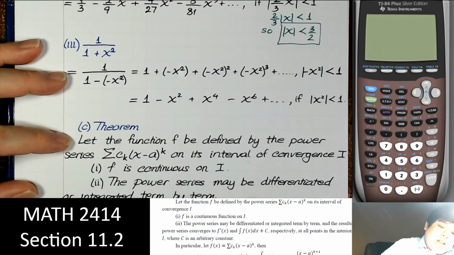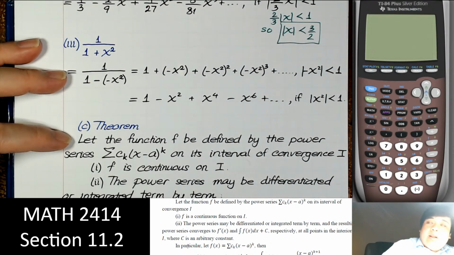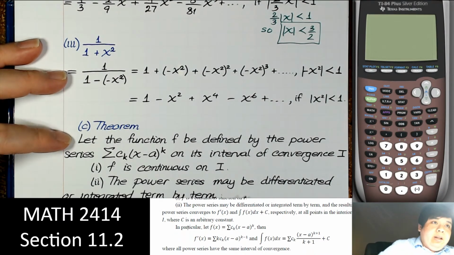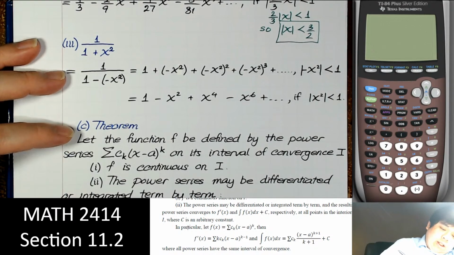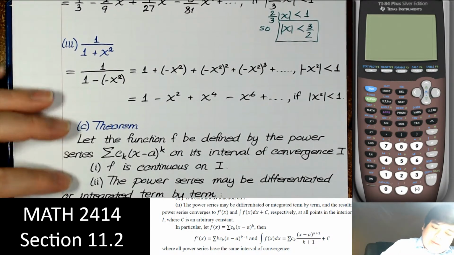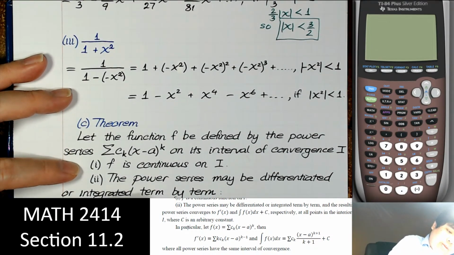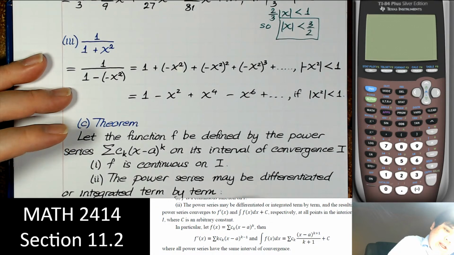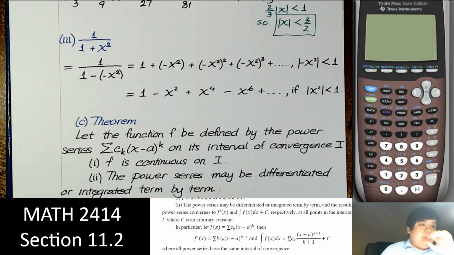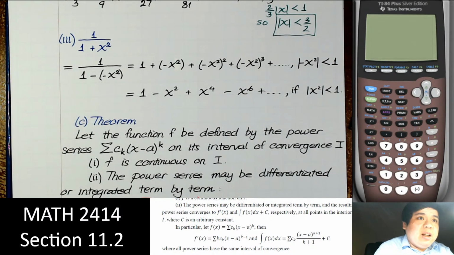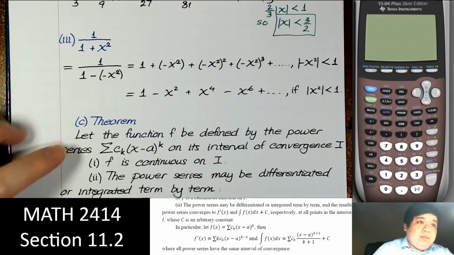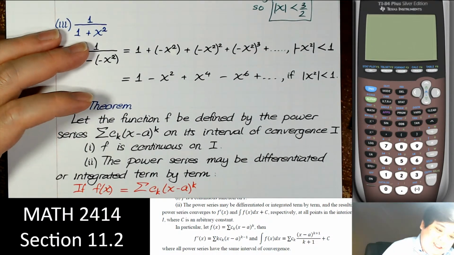And when we do that, we will have the following. Now, let f of x equal to the sum of c k times x minus a to the k. The index here, I'll worry about that later.